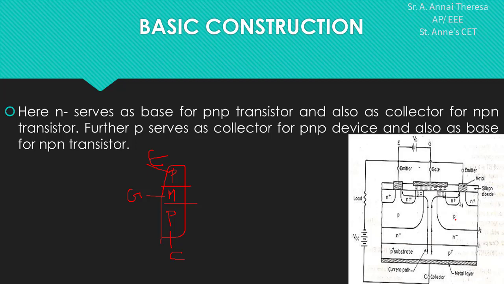Then again we can take this NPN transistor. Here the N is connected to the collector terminal, and this is gate and this is emitter.